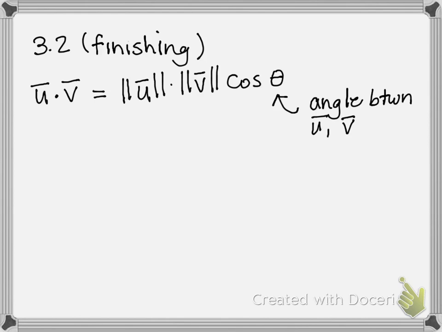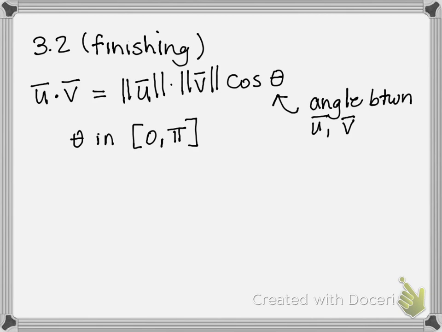And of course, remember that theta has to be in the interval 0 to pi. If either u or v is the zero vector, then we say the dot product is 0. I won't write that.